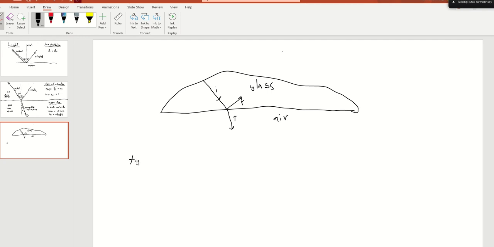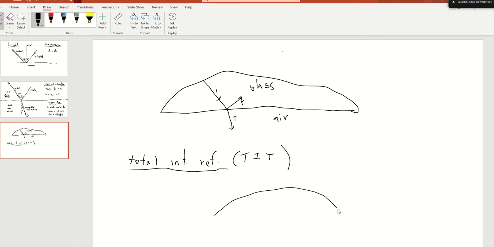Total internal reflection, it's also called TIR, is a phenomenon whereby when you shine the light into the glass, all of the light, when it hits the boundary, so over here, this is a piece of glass.